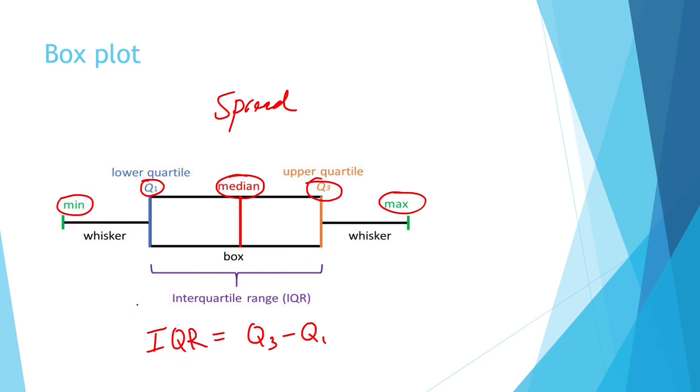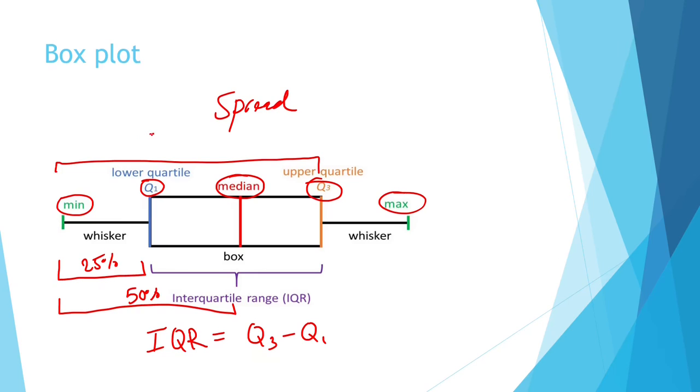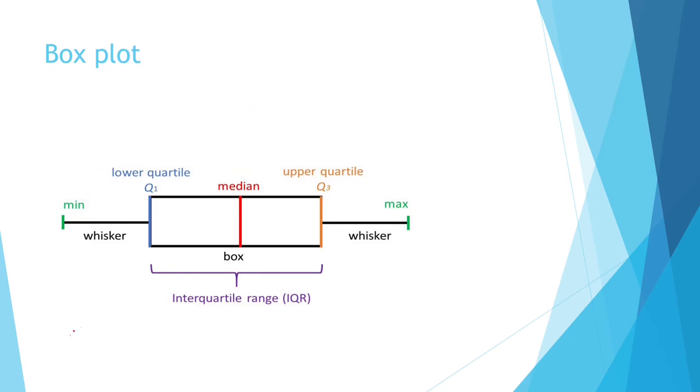Remember, quartiles separate the data into quarters. So from the minimum to Q1, that's 25% of the data. From the minimum to the median, that's 50% of the data. And from the minimum to Q3, that's 75% of the data. You could also think of it in another way.